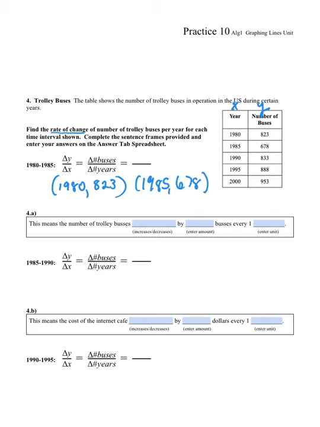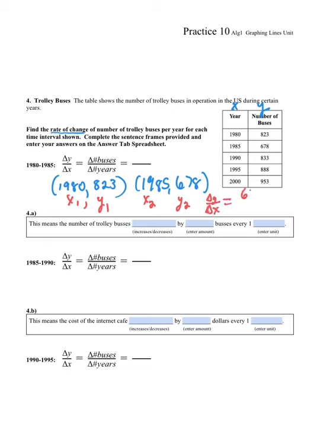So once again, this is my x sub 1, my y sub 1, my x sub 2, and y sub 2. And you're going to subtract. It's the change in y over the change in x.